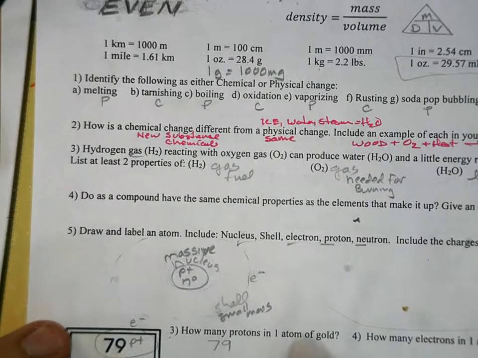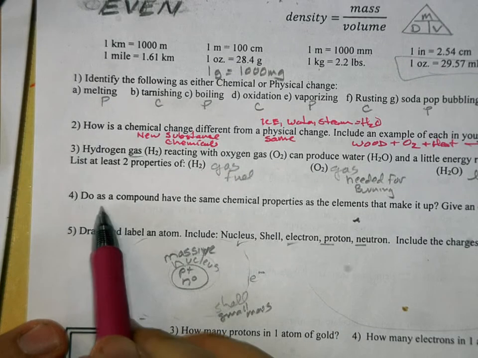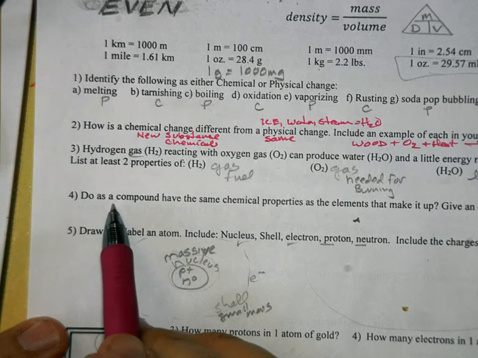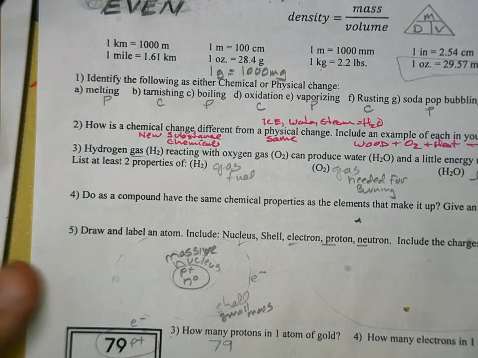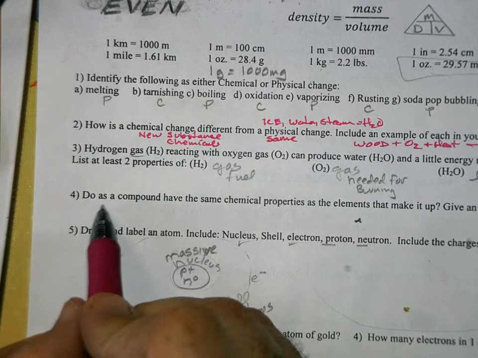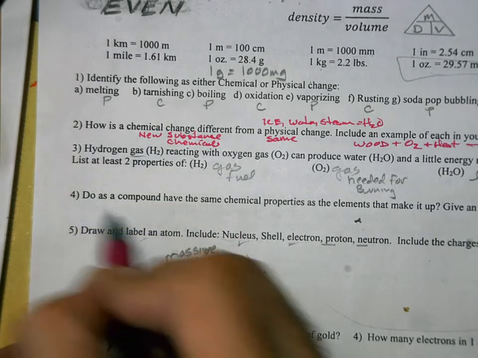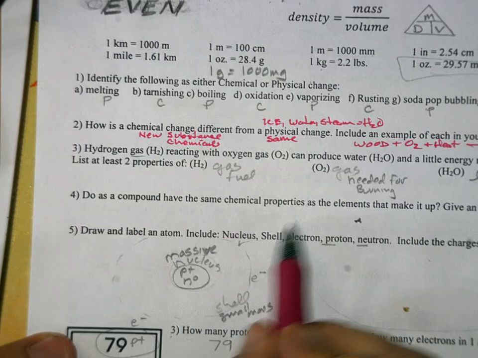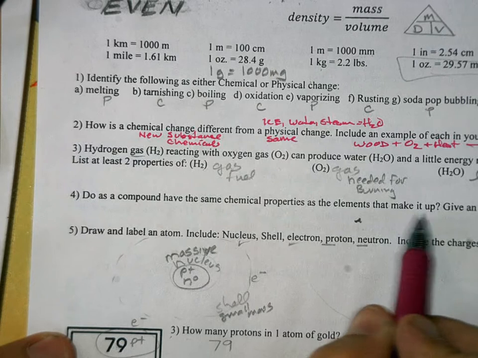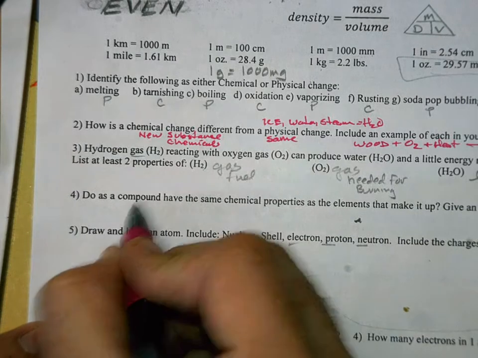Number 4. Does a compound have the same chemical properties as the elements that make it up? I made a mistake on it, give me a break here.